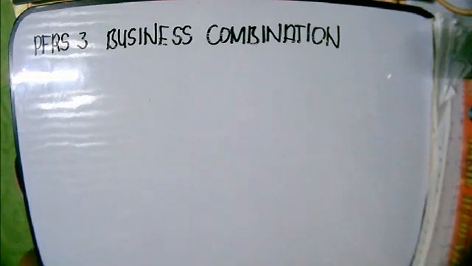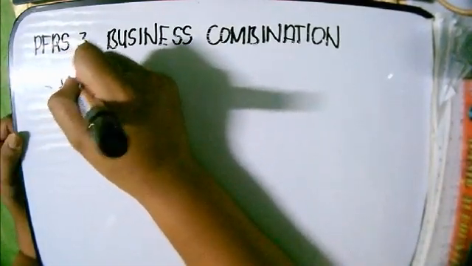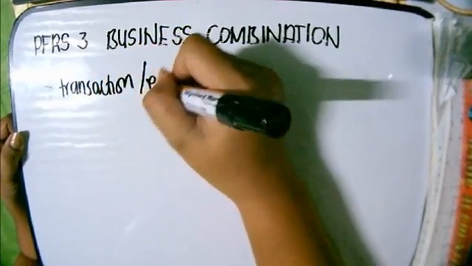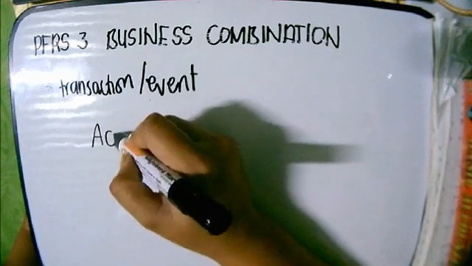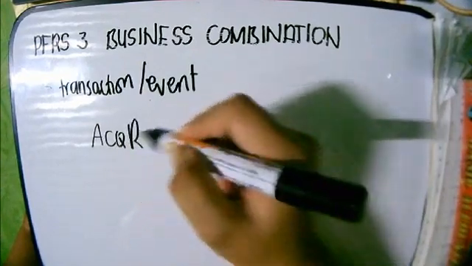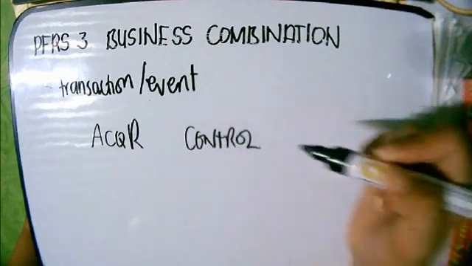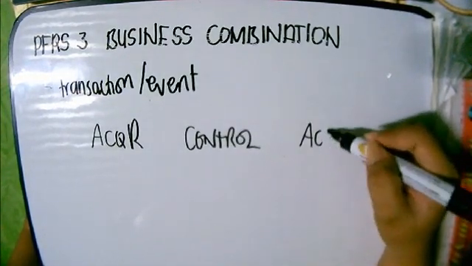So business combination is under PFRS 3, which is defined as a transaction or event in which an acquirer obtains control of one or more business, or also called the acquiree.